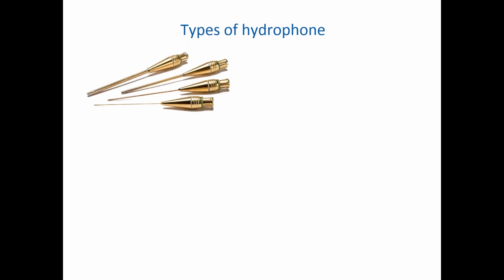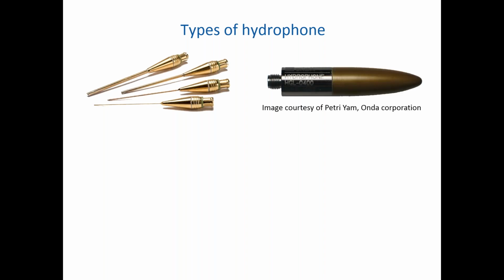And this diffraction can limit the sensitivity of these devices, particularly in terms of how they respond as a variation of frequency. The next device that we'll look at is often called the golden lipstick hydrophone. These hydrophones are deliberately designed to try and deal with some of the limitations that one finds with needle hydrophones. And thank you to Petra Yam from Onda Corporation for the provision of this image.